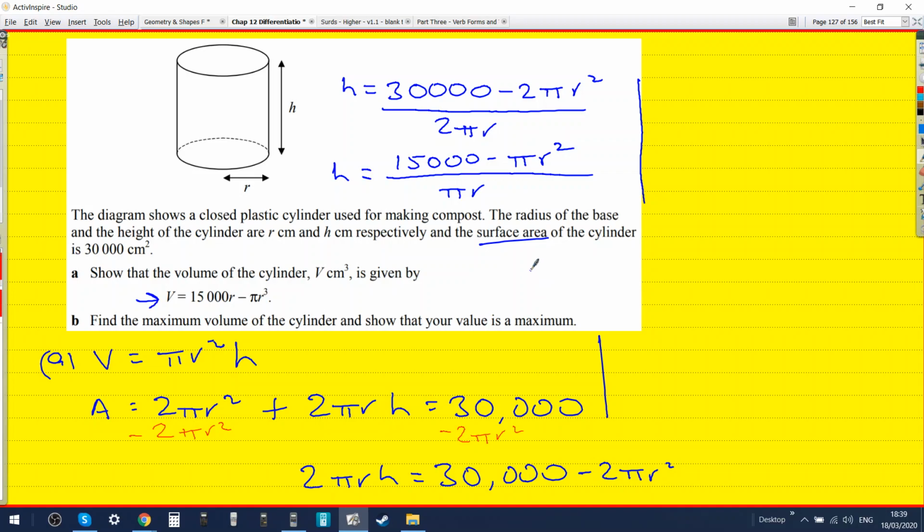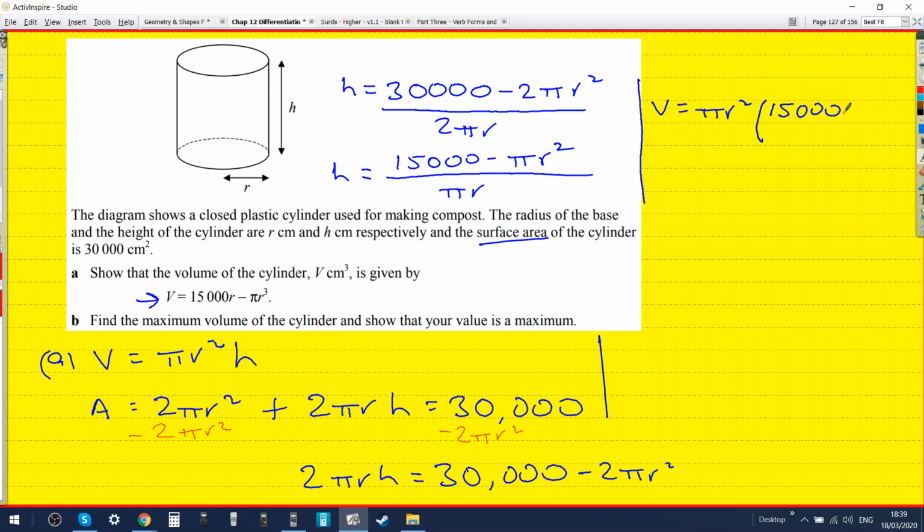We are trying to show that the volume is this. So we sub that h into v equals pi r squared h. So pi r squared and then sub in h.